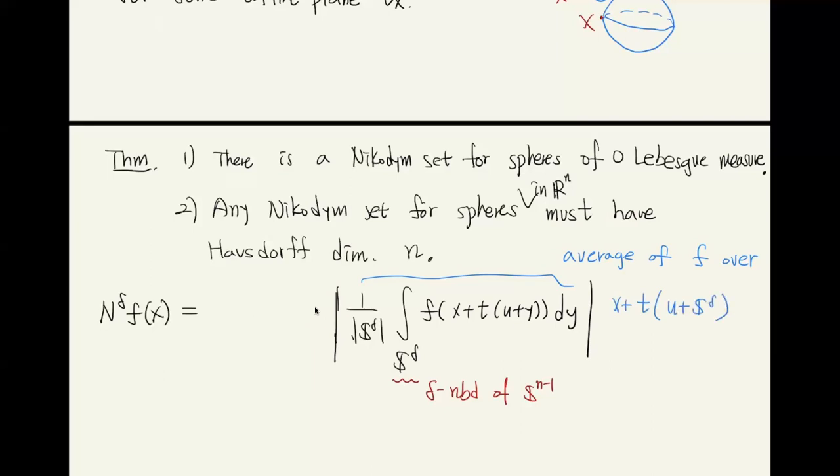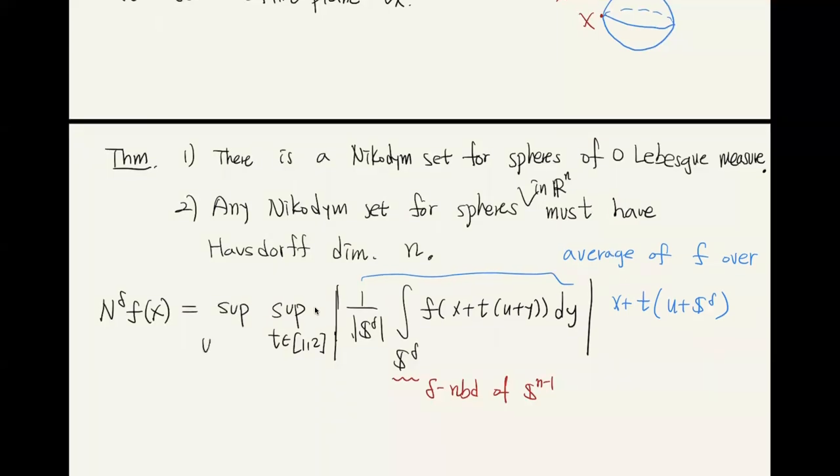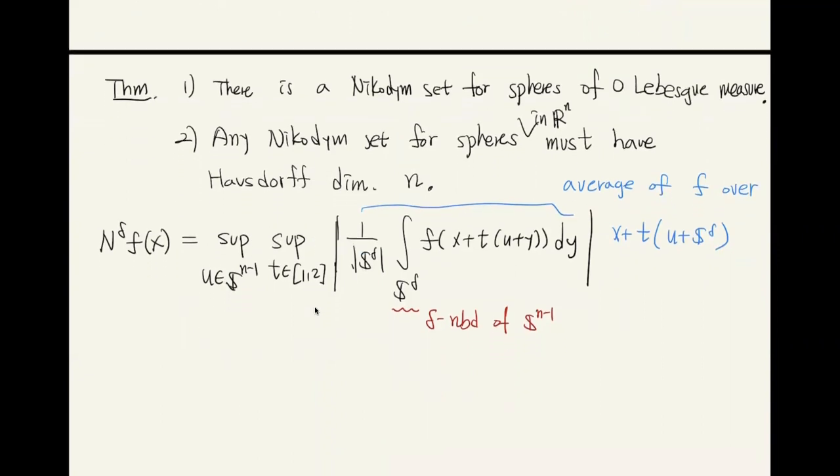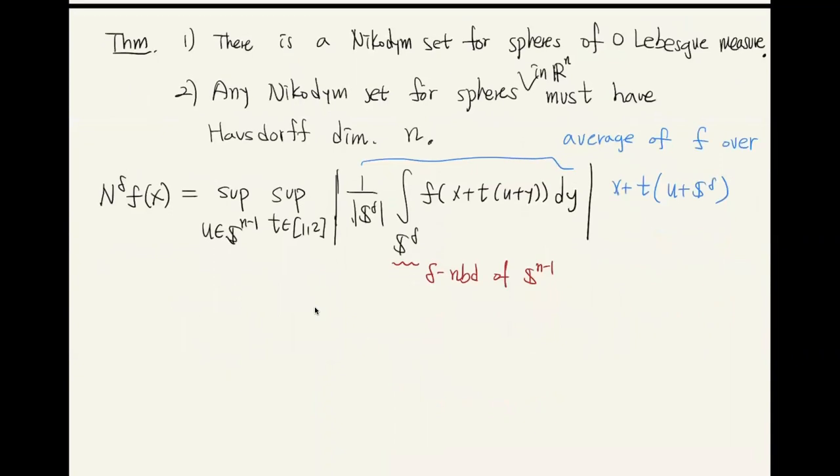And here there is a supremum over T from 1 to 2, representing the radius of the sphere. And there's another supremum over U, which are all the unit elements of the unit sphere.